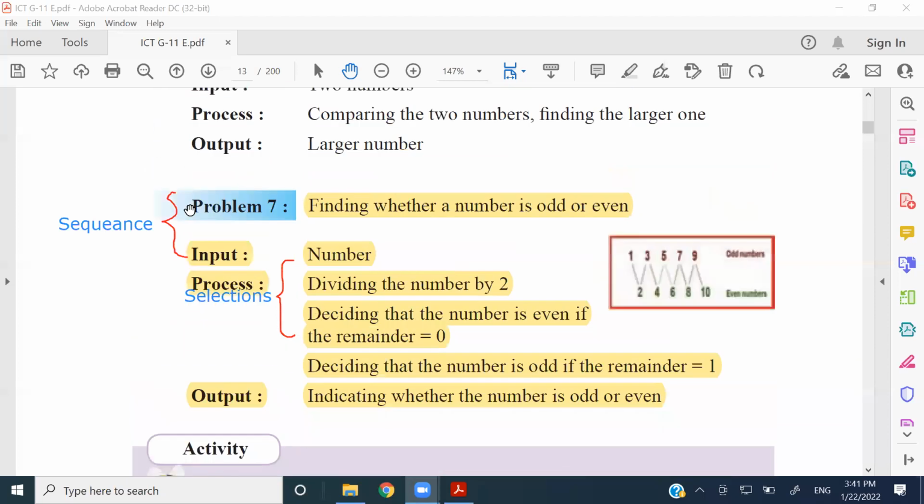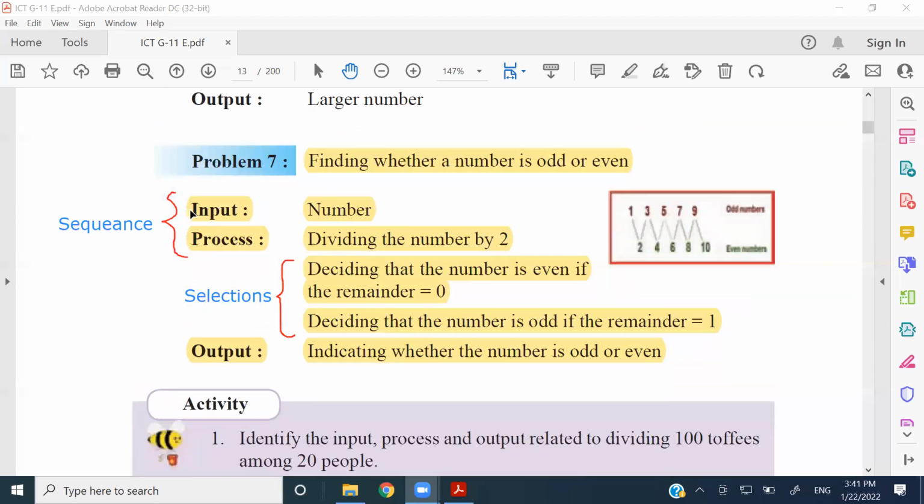Right. So I'm going to move forward after clearing my annotations.